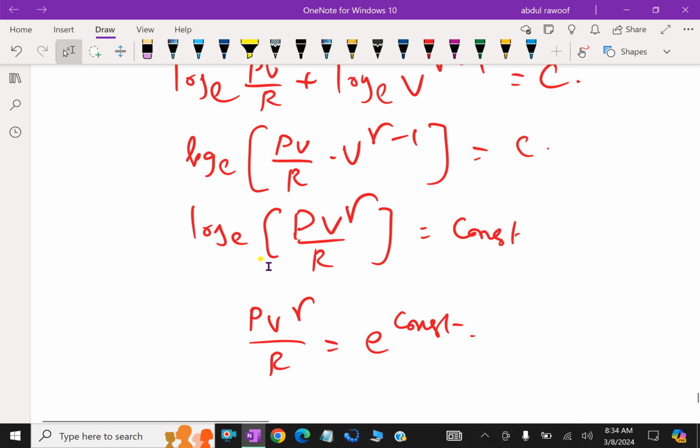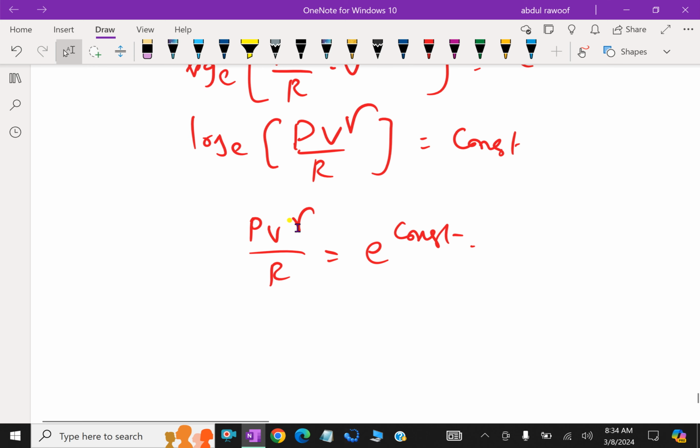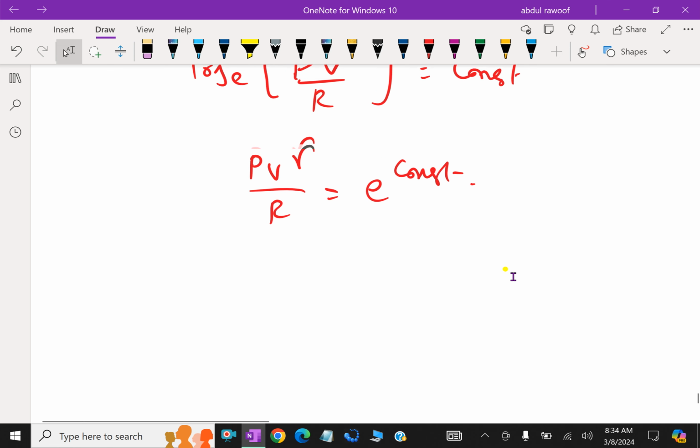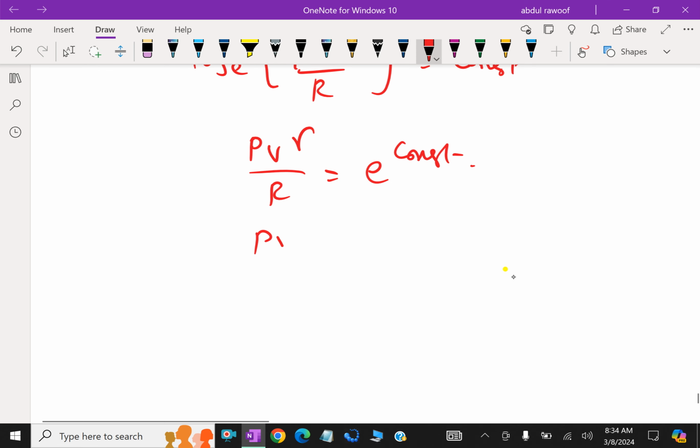Because this log e is removed by e power. Therefore, e power constant is also a constant. Therefore, PV power gamma over R is equal constant. This is the main expression for adiabatic process.